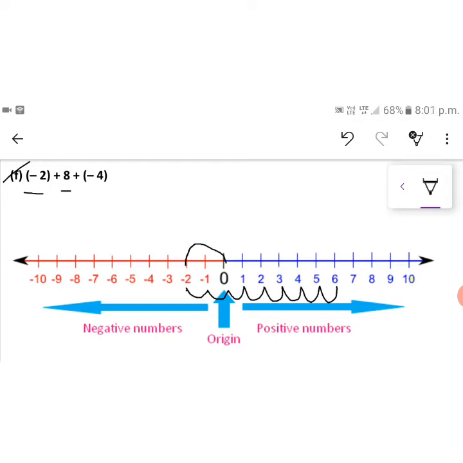And from this point we move 4 steps to the left. 1, 2, 3, 4. We reach 2. So the answer is plus 2.